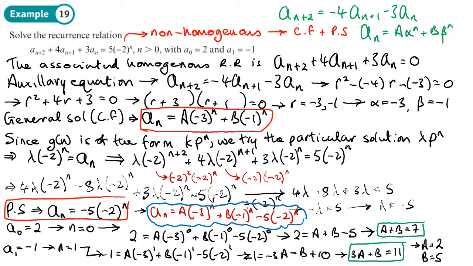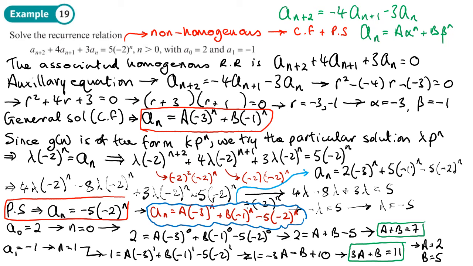Right, we can now write our particular solution, which is basically now our final solution, what we have written here, but with our arbitrary constants. So we end up with a_n equals 2 times negative 3 to the power n, plus 5 times negative 1 to the power n, minus 5 times negative 2 to the power n.